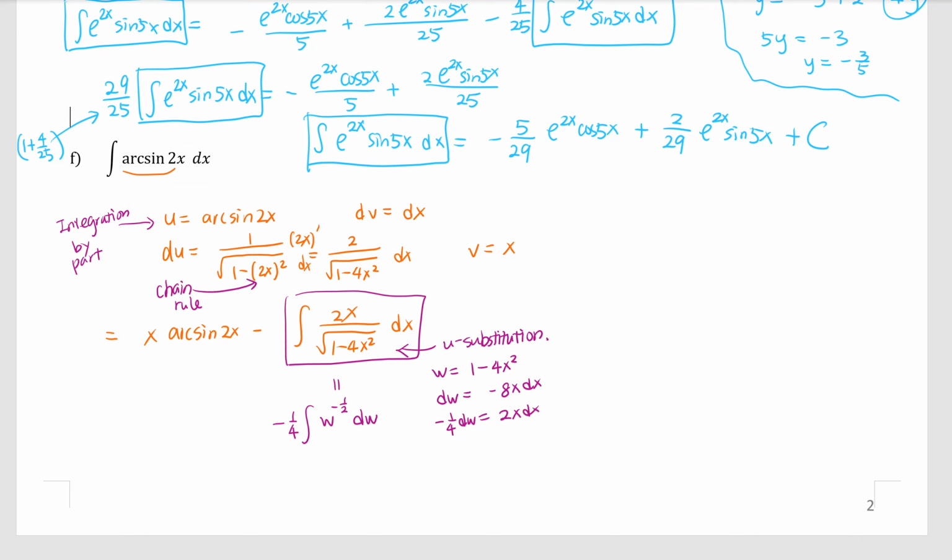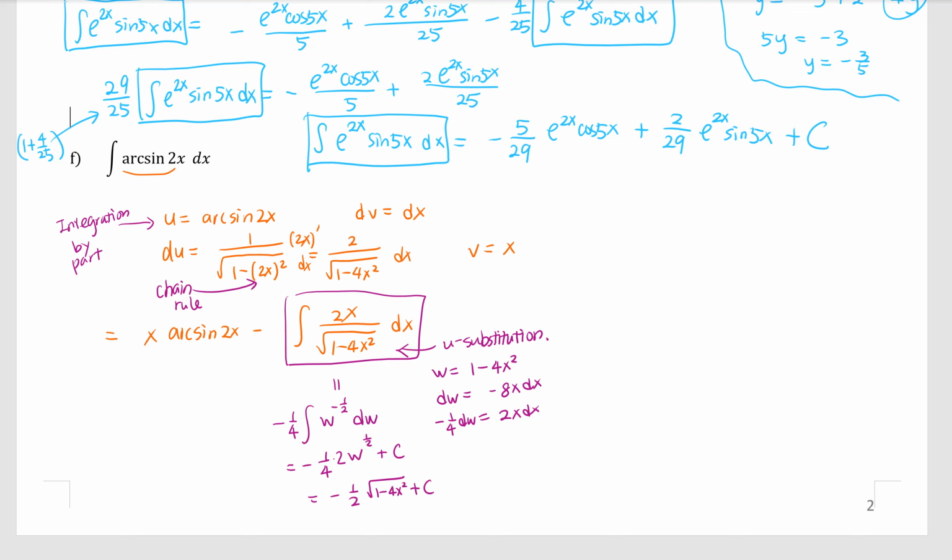And the square root is in the denominator, so it's w to the negative 1/2. What's the integral of that? We add 1 to the exponent, it becomes 1/2. Dividing by 1/2 is the same as multiplying by 2. So this is minus 1/2 w. What is w? This is the same as the square root of 1 minus 4x squared.